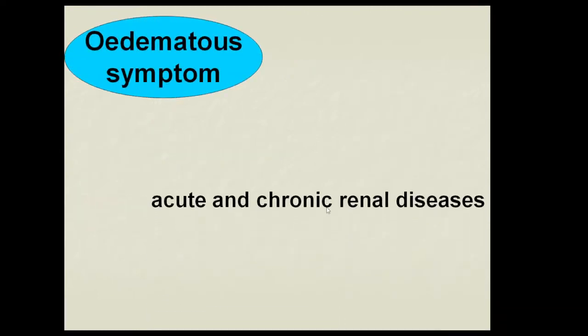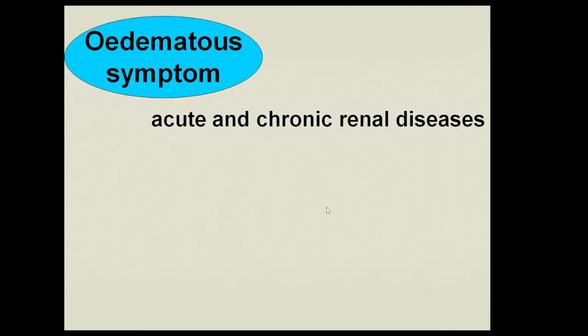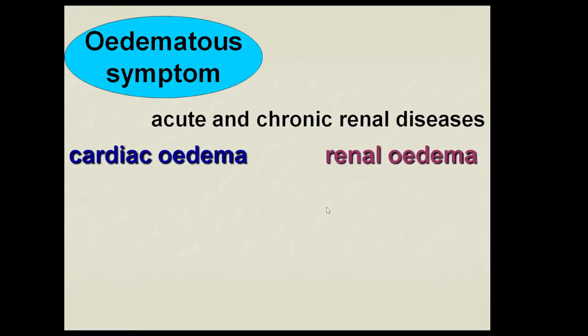Next problem, edema, which is characteristic for acute and chronic renal diseases and tightly correlated with diuresis. We remember negative diuresis manifests with edema. We spoke about edema which was characteristic for heart diseases. When the patient complains of edema, first of all we must differentiate between cardiac and renal origin.